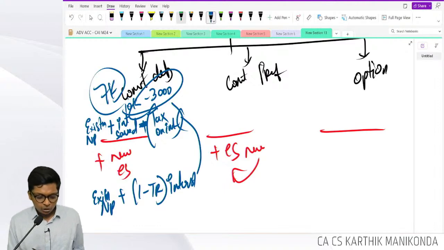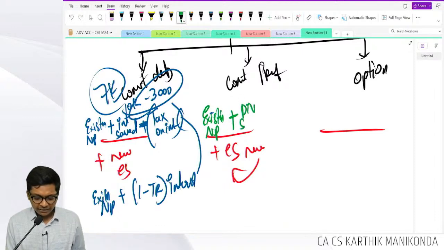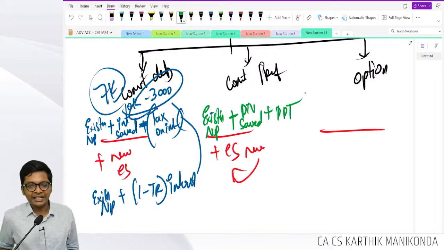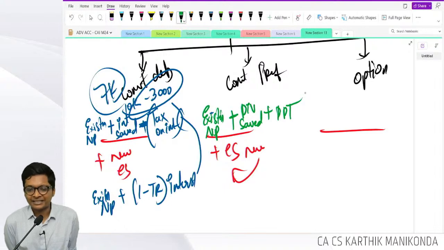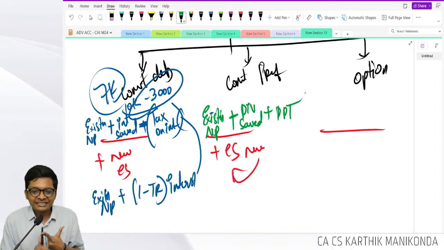In preference shares also, it is going to be simple. Existing net profit plus dividend saved plus dividend distribution tax, or we call it corporate tax. So simple, guys. Existing net profit plus dividend saved plus dividend distribution tax.